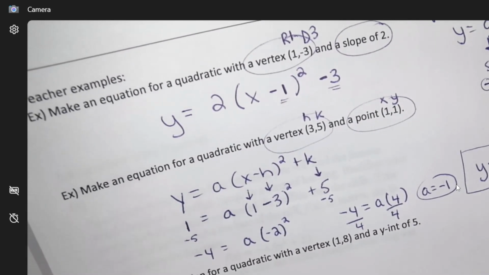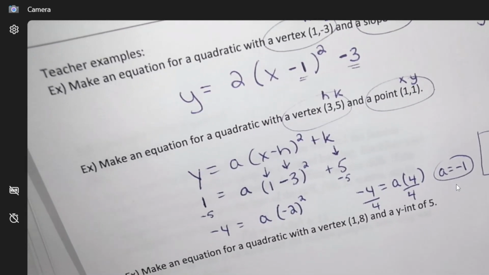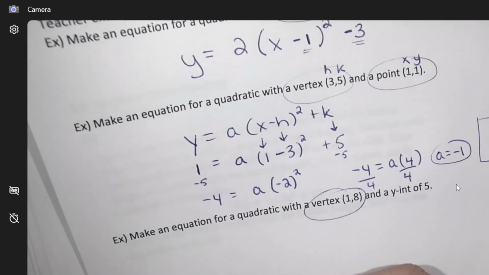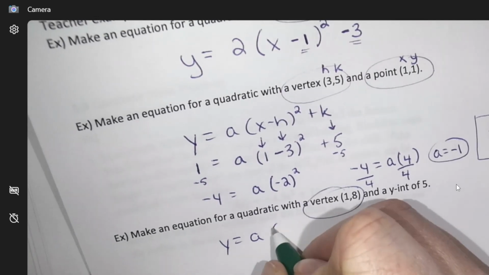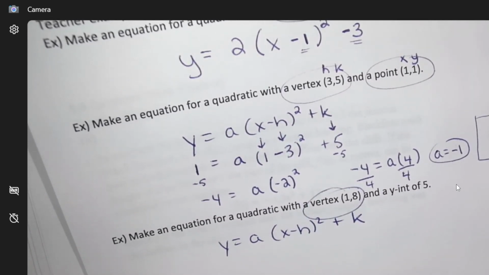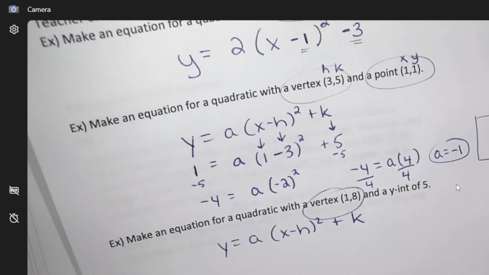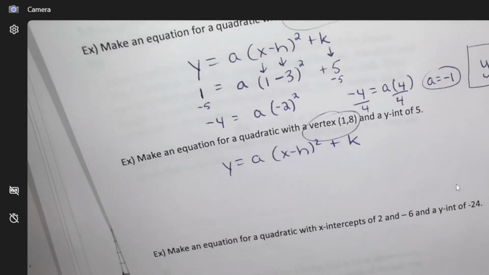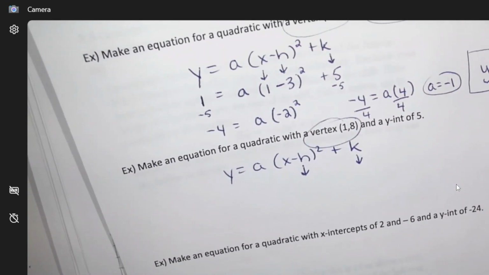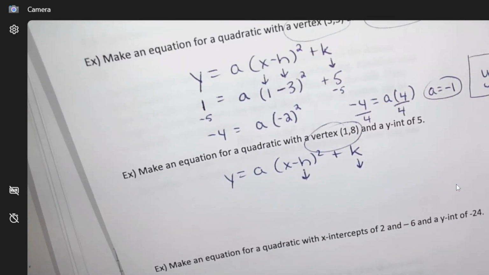Okay, number 3 here. Make an equation. So there's our vertex. So what am I going to do? I'm going to put in those numbers into the H and the K positions.